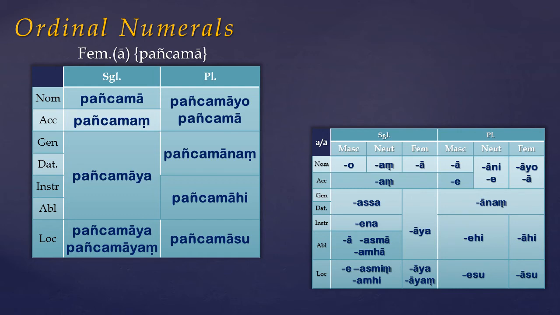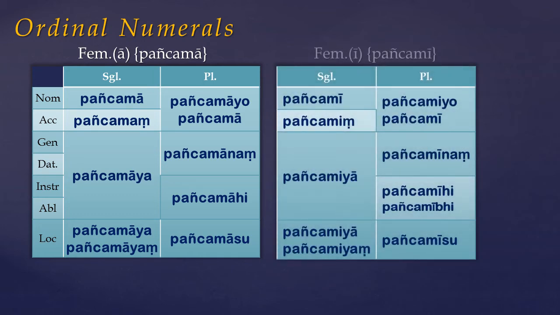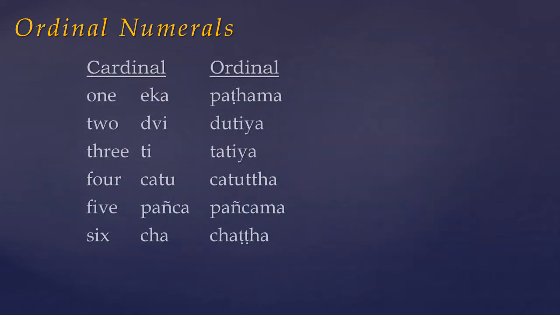Or occasionally, as Warder notes, the last vowel is changed to a long I, and then it declines like an I-stem noun, which Warder hasn't actually shown us yet. Well, that was lesson 18, and I think we have to wait until lesson 26 to cover the remaining numbers.